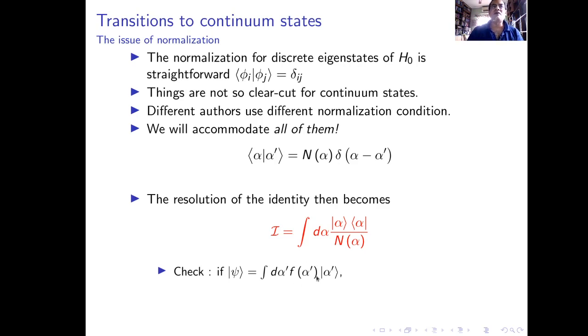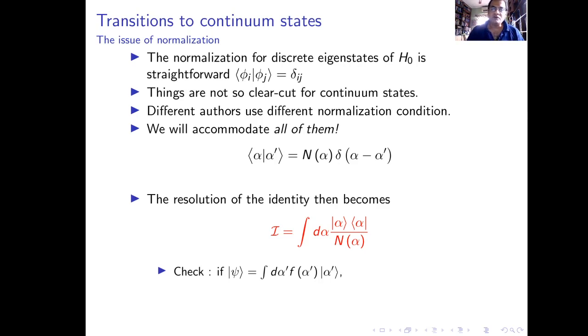These are what were the c n's before for the discrete case, or the a n's, the coefficients in front of the phi n's. It has now become a function of alpha prime, f of alpha prime. So instead of a sum over discrete energy eigenstates, you are doing an integration over the continuum. So this much is fine.